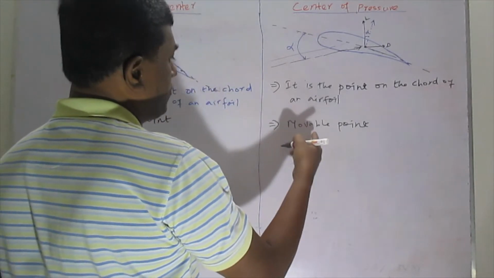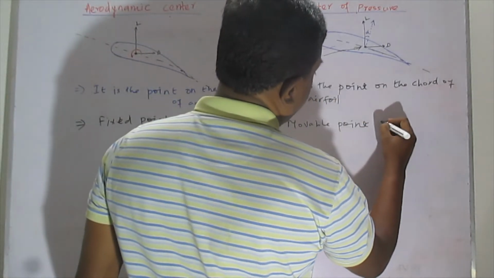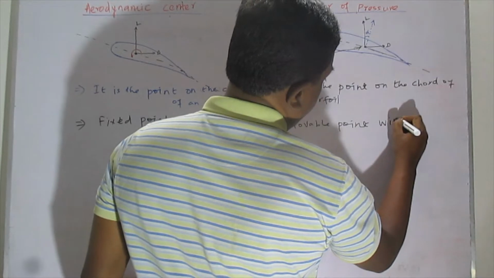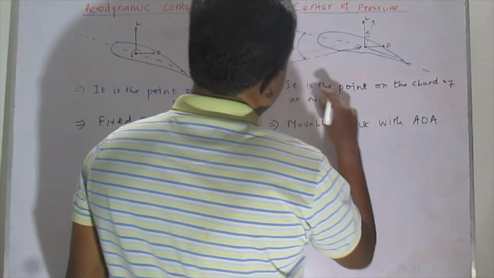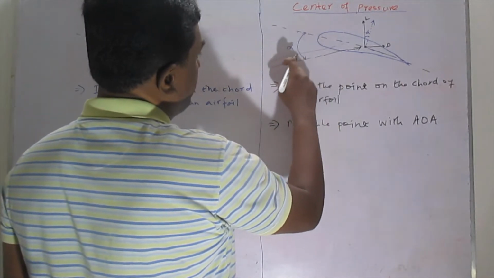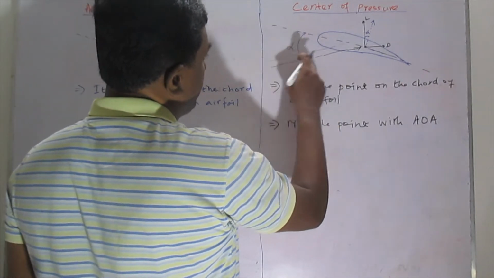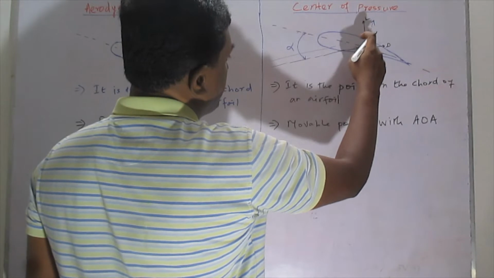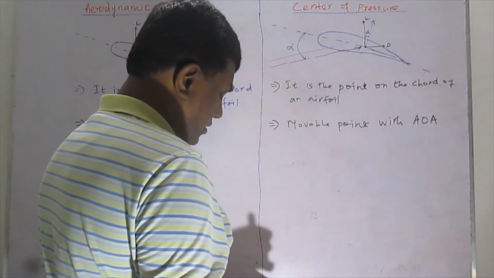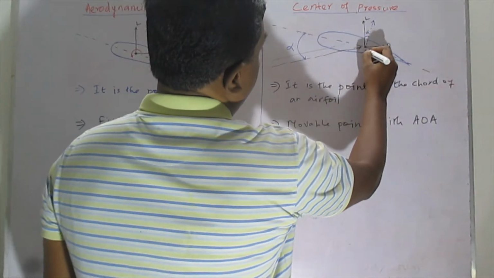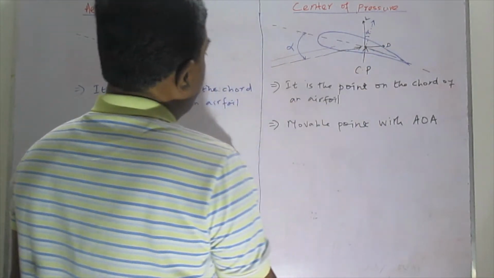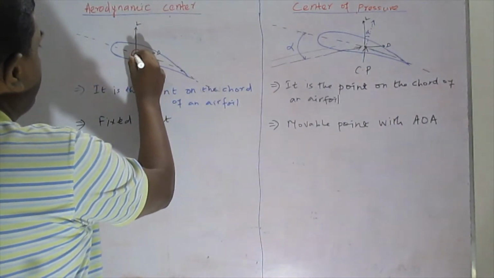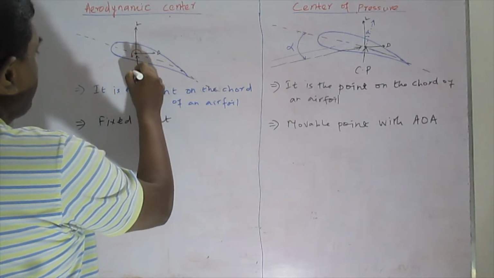Fixed point and movable point, movable with the angle of attack. The center of pressure position is subjected to the angle of attack. So this is the center of pressure, and this is the aerodynamic center.